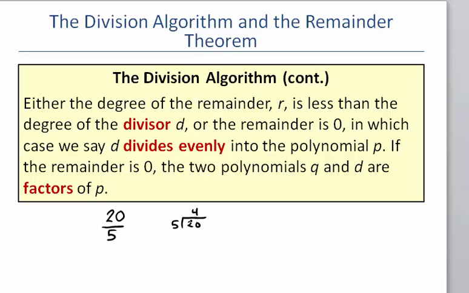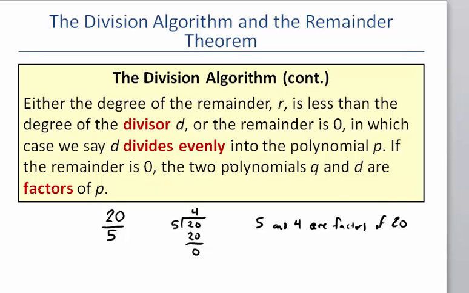And we know that that goes 4 times. 5 times 4 is 20, and we end up with a remainder of 0. So if the remainder is 0, then the two polynomials q and d are factors of p. So in this case, 5 and 4 are factors of 20.